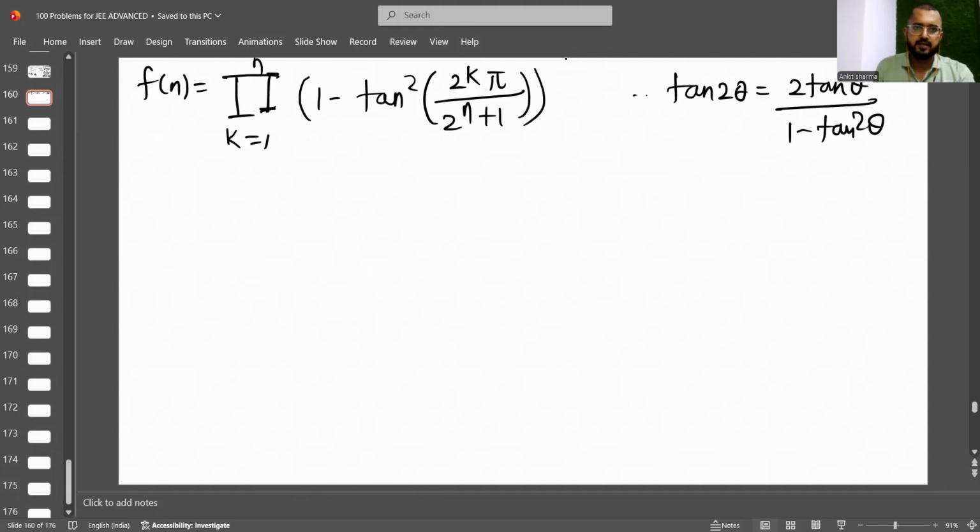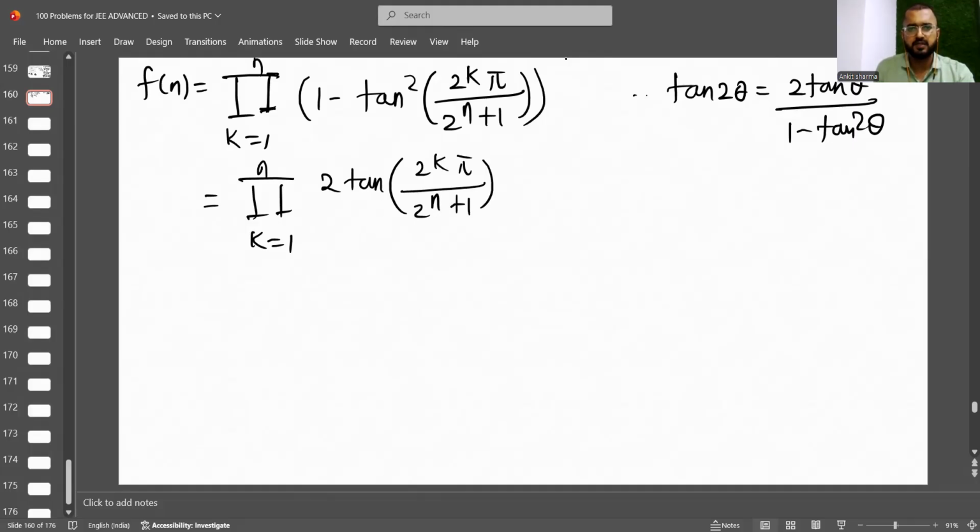Which means I can simplify this to be the product k equal to 1 to n, and 1 minus tan square I can write as 2 tan theta over tan 2 theta. Theta is this quantity, by the way, which is 2 power k pi over 2 power n plus 1, and tan 2 theta will become 2 power k plus 1 over 2 to the power n plus 1.